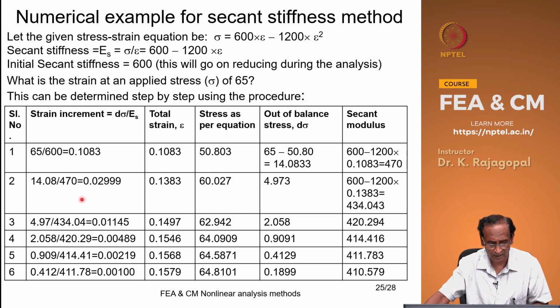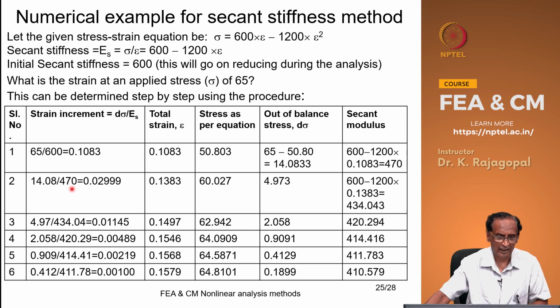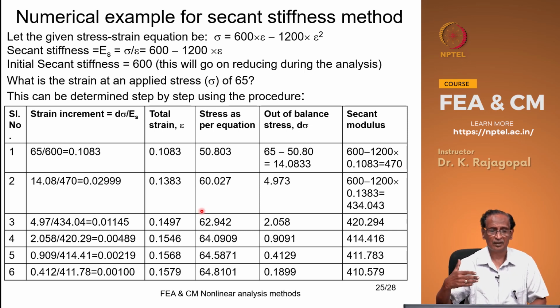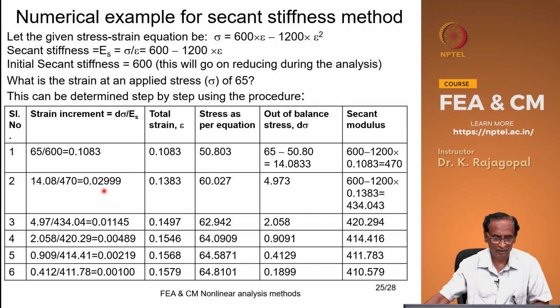In the next increment, when you calculate the incremental strain, the out of balance stress 14.08 divided by 470, where 470 is your secant modulus, gives 0.0299. The total strain is 0.1383, and the stress corresponding to this strain is 60.02, and so on, we can continue until we get a good equilibrium.